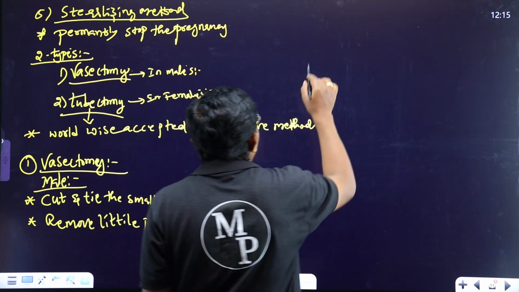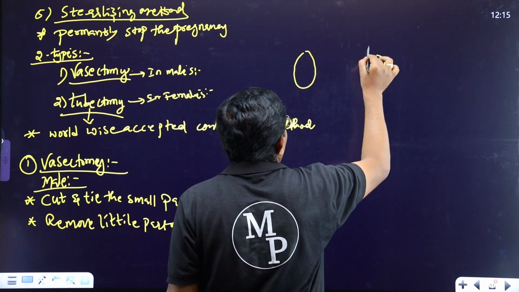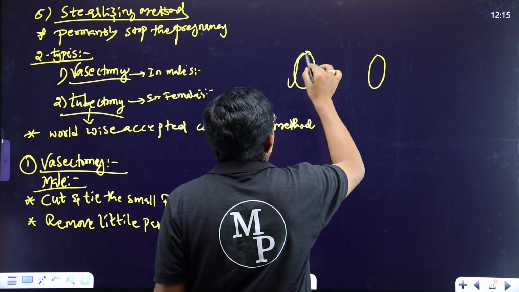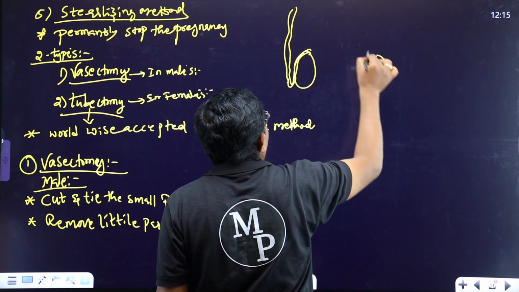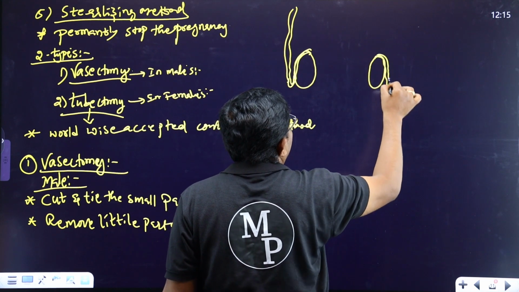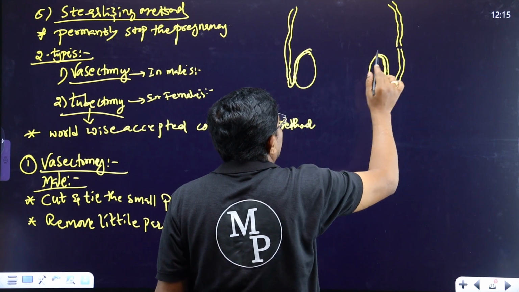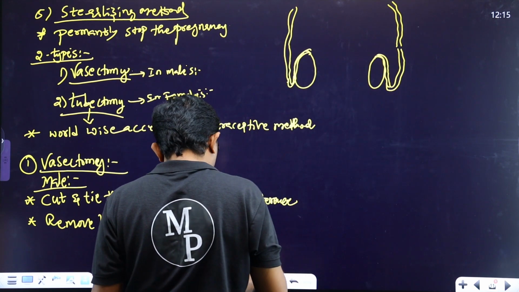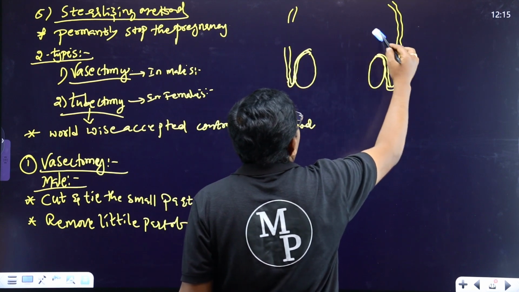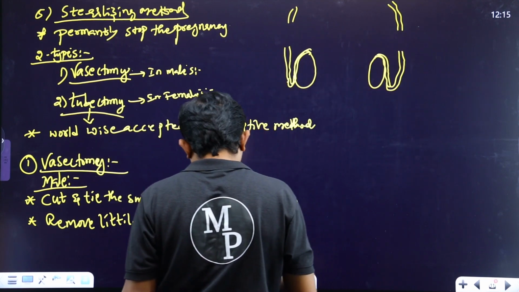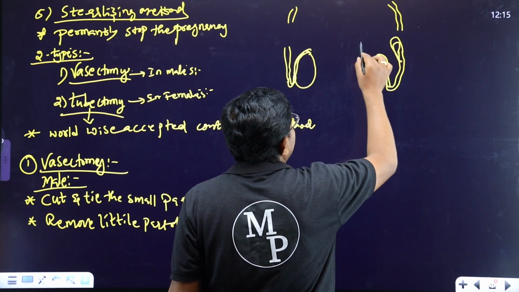For example, these are the testes, this is the epididymis and vas deferens. In this process, in this region and this area, the vas deferens is cut and tied within the scrotum only.